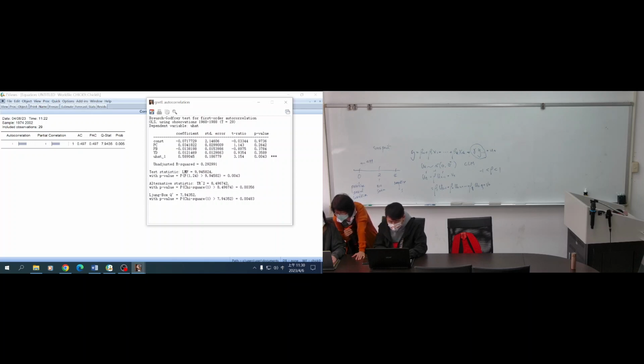Maybe there's a second lag. Even with two lags, this still has serial correlation problems. So you can check with your EViews.